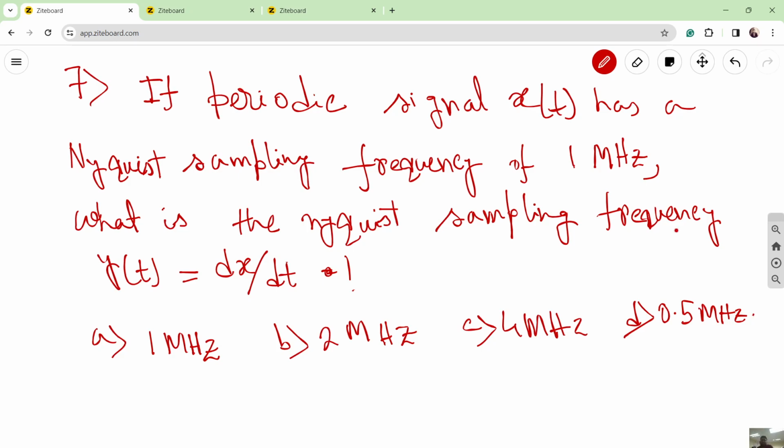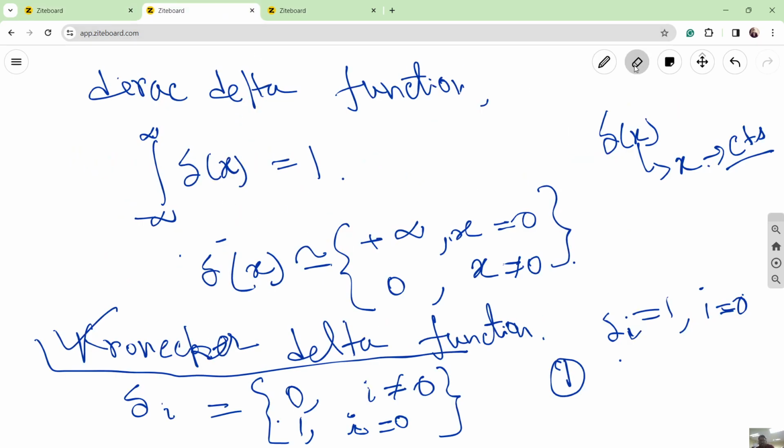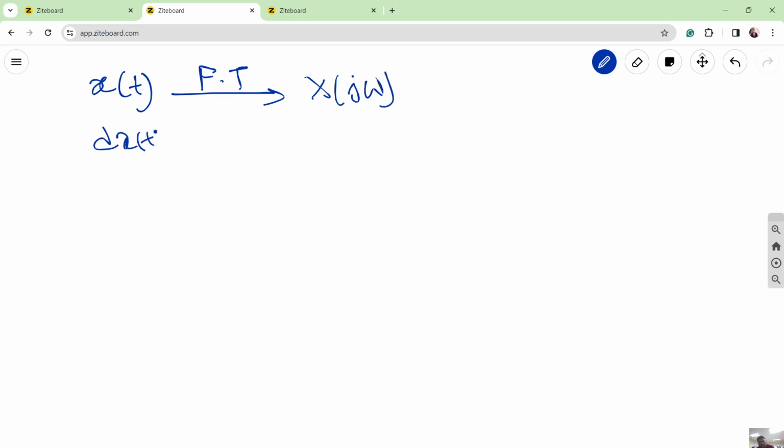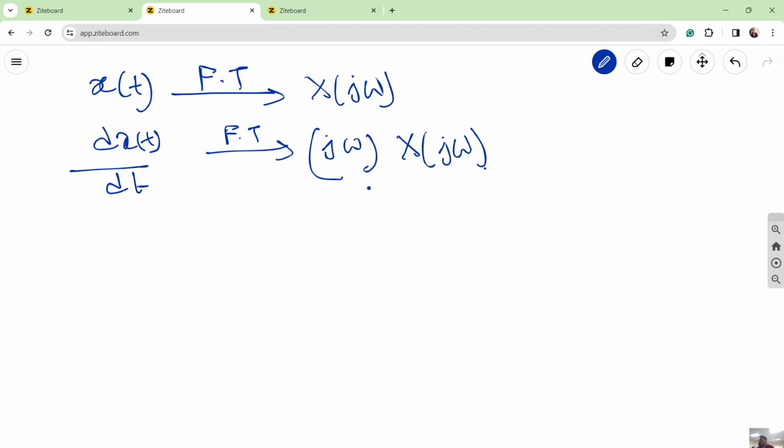Okay, so we know that x of t has a Fourier transformation of this format, X of j omega. Similarly, dx of t by dt is j omega X of j omega.